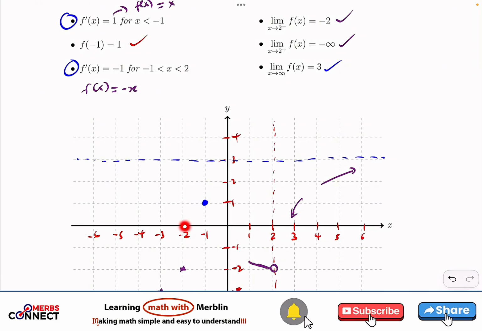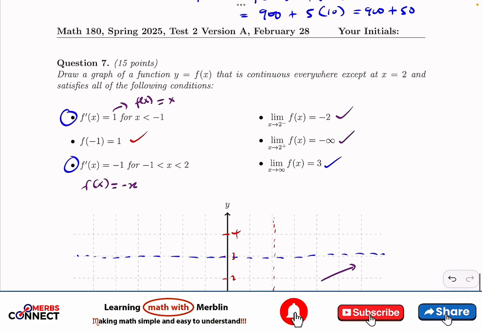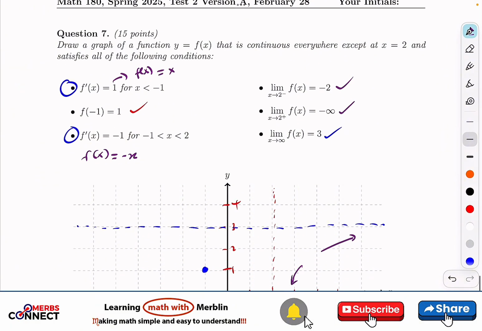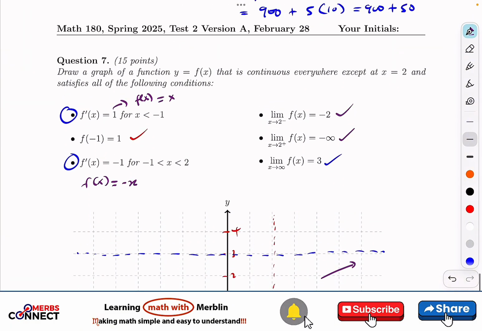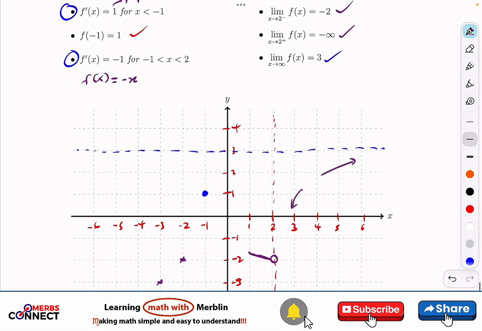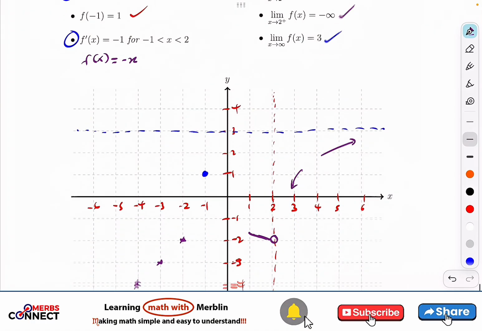The function is basically adding 2. So since f of -1 is 1, this should be +2.